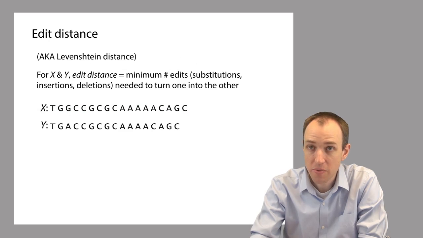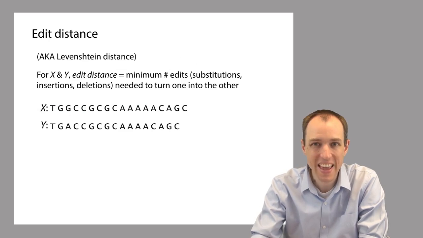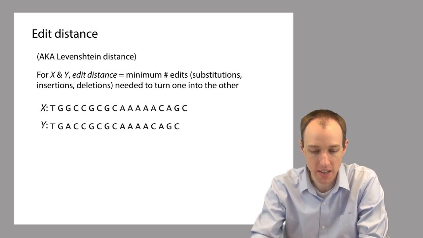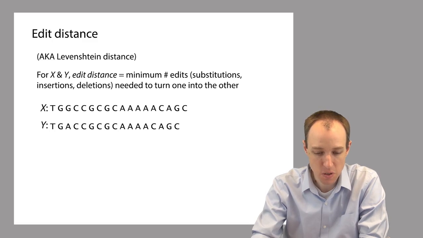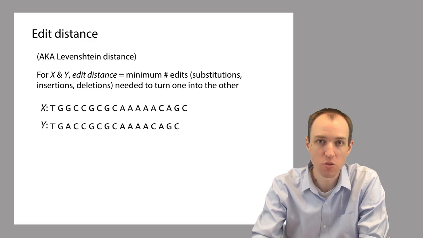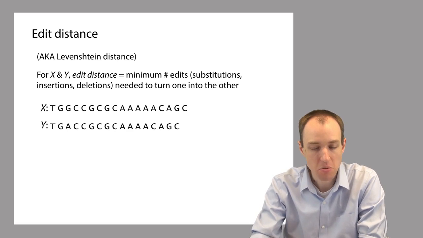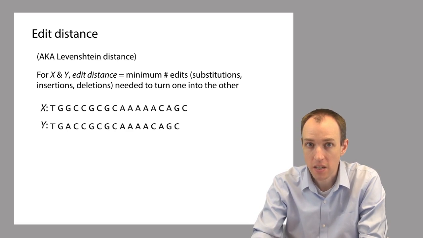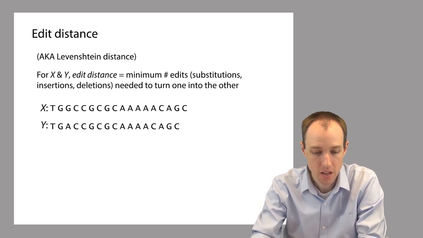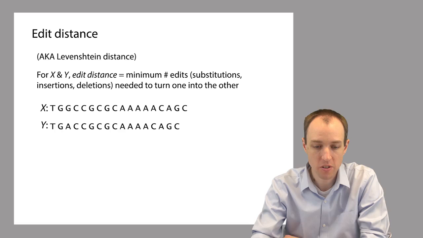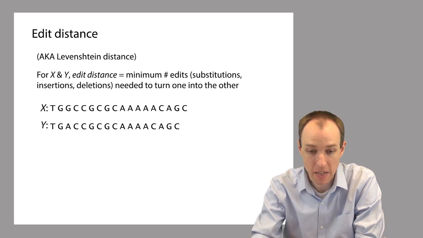Now here's a slightly different definition of distance. This is called edit distance, or sometimes it's called Levenshtein distance. The edit distance between two strings equals the minimal number of edits required to turn one string into the other, where a single edit could be a substitution, or it could be an insertion or a deletion. So let me point out two important differences between edit distance and Hamming distance.